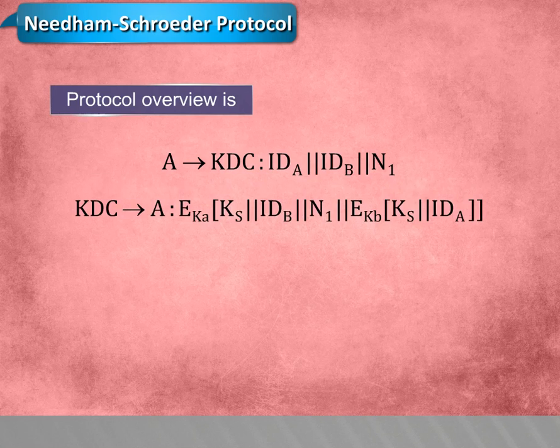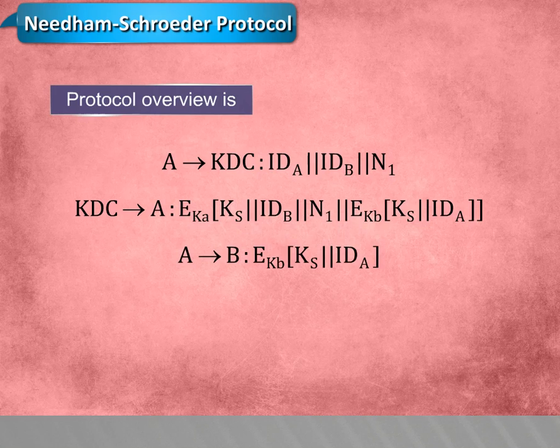KDC to A: E(KA, [KS || IDB || N1 || E(KB, [KS || IDA])]).